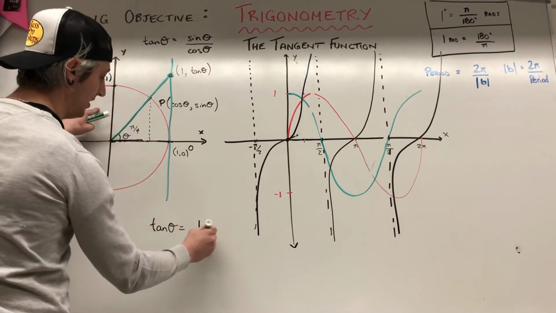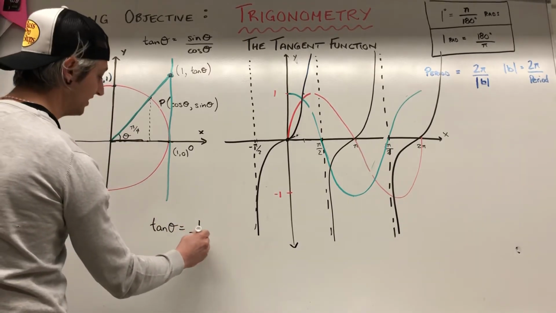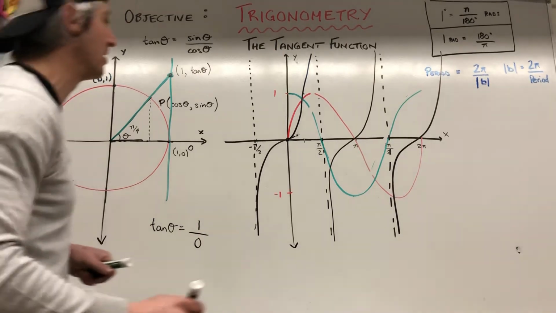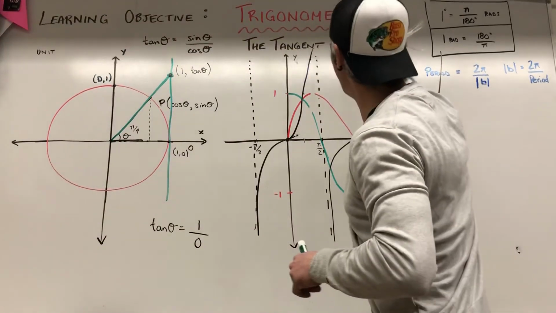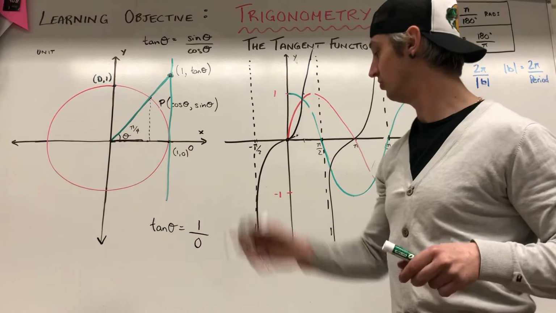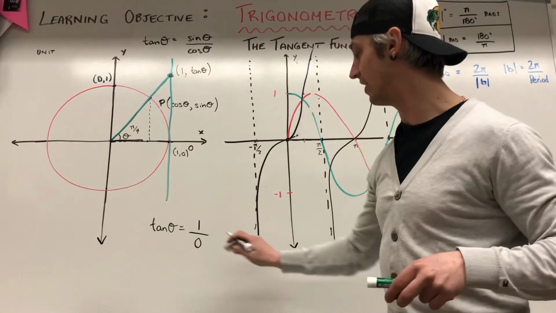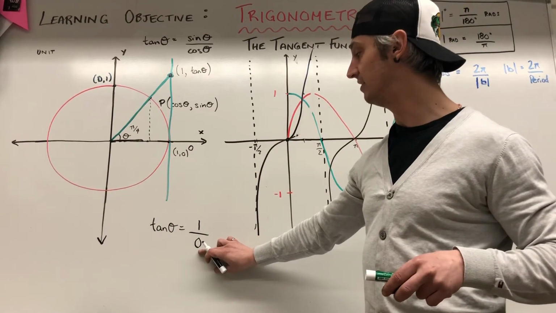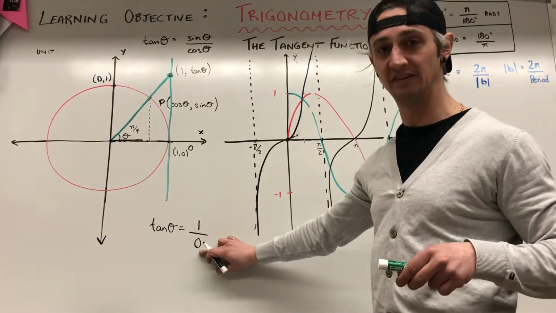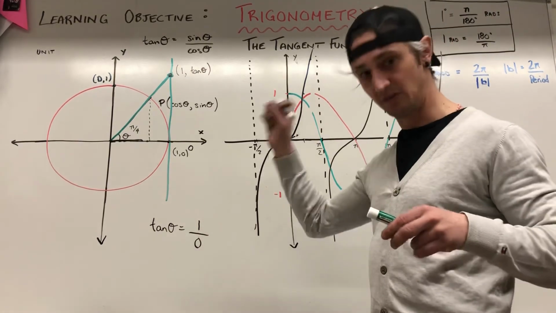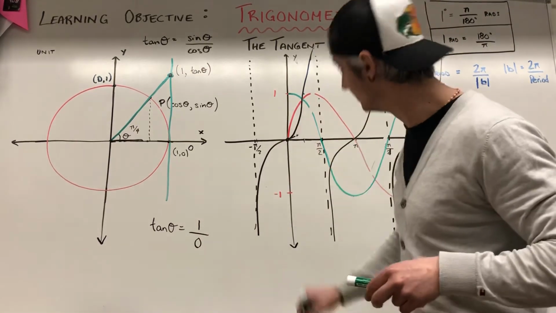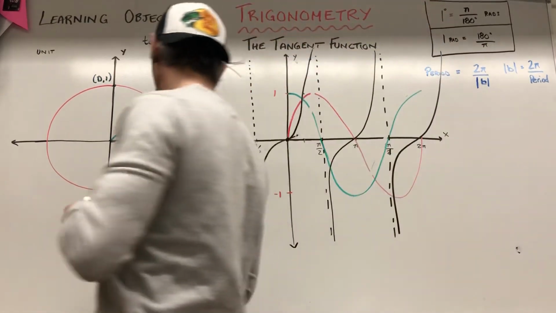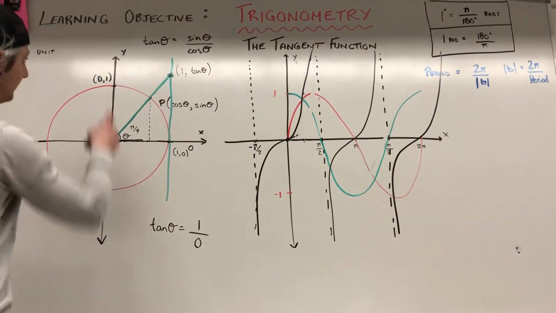So it's going to be 1, and then cos of theta is 0. So it's going to be undefined, and that's where at pi over 2 we go undefined, right? We approach infinity without ever getting there, because as the denominator approaches 0, it's basically going to go to infinity. That's why it's going all wonky. So that's where it goes undefined, over here.